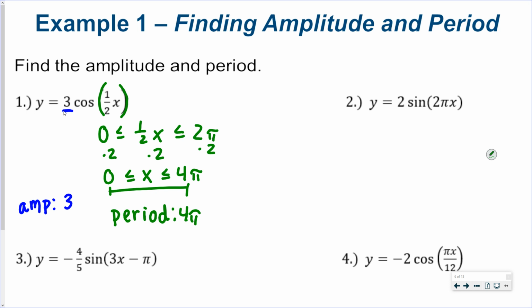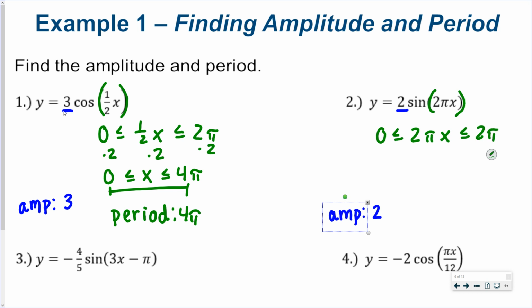Okay, what would my amplitude in number 2 be? 2. Perfect. Amplitude is 2. The period, you take anything that's going on with the x and set it up in this inequality. So you always want to start, for sine and cosine, with 0 and 2 pi, because that's their normal period.